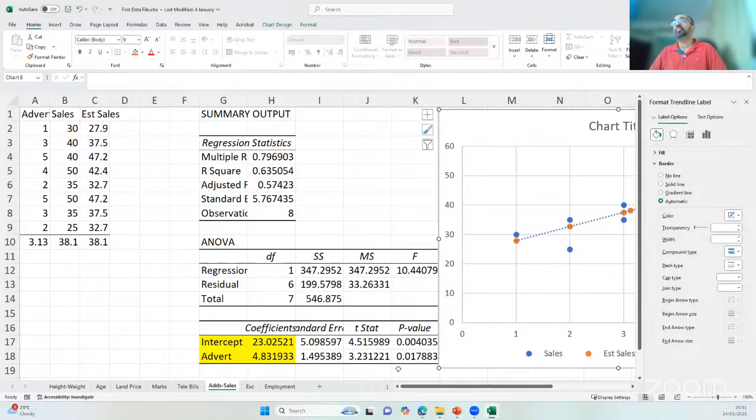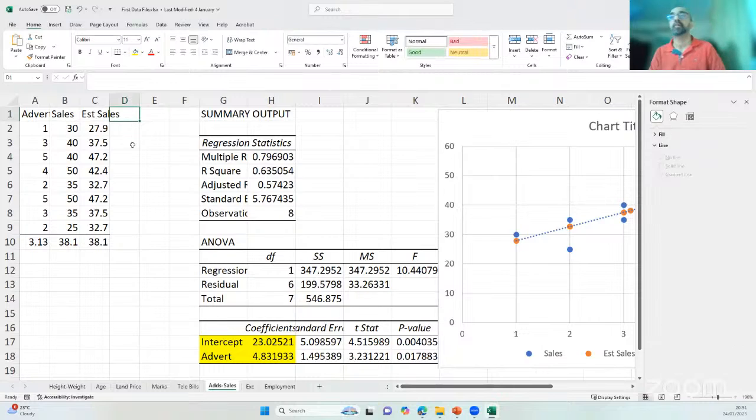To do that, we find the gap between the mean value of the y variable and the estimated values, and also the actual values of the same. So I will do that calculation. This is gap sales, this is gap estimate. I'll write it like that.